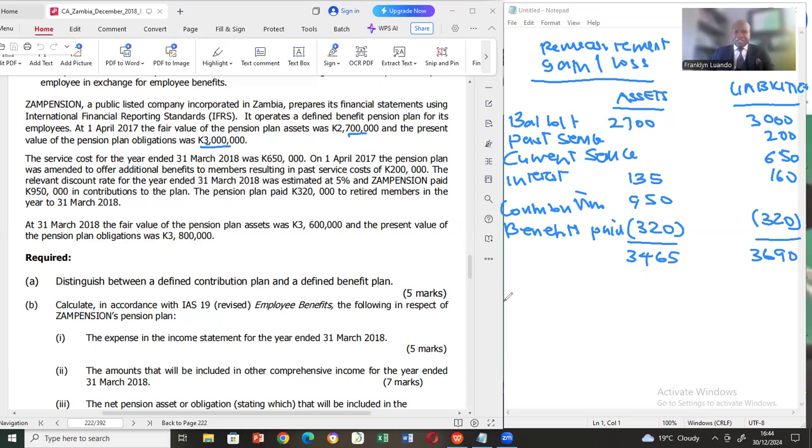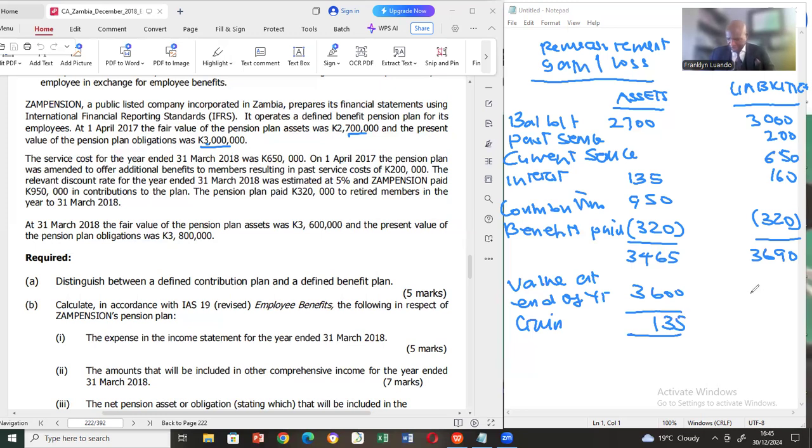Now, the values at the year end we are given. Value at end of year, there is 36. So the value at year end for the asset has increased. That is a gain, which will be 135.